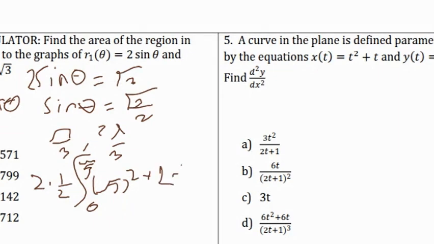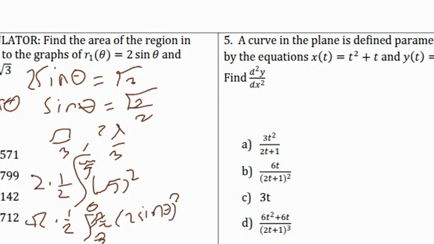And then we do 2 times 1/2 integral from 0 to pi over 3 of square root of 3 squared d theta. I'm going to write this one on the next line to make it easier to see. And we're also using symmetry for this, so plus 2 times 1/2 integral with pi over 3 to pi over 2 as our bounds, of 2 sine theta squared d theta, and once you add these together, you will get 2.799.